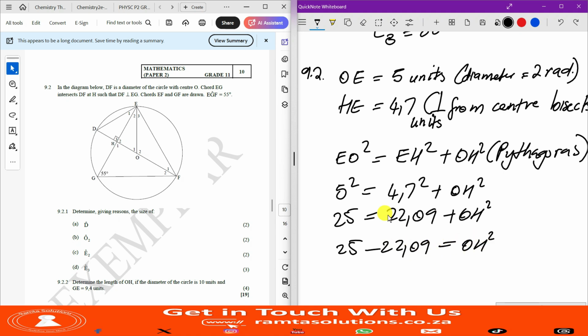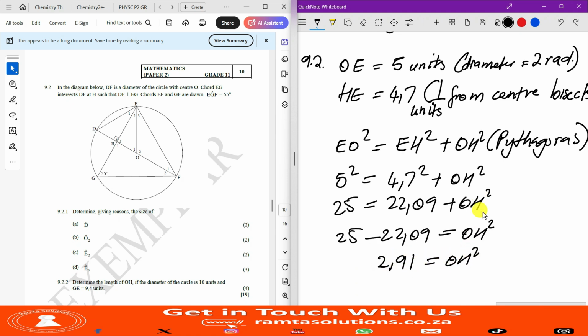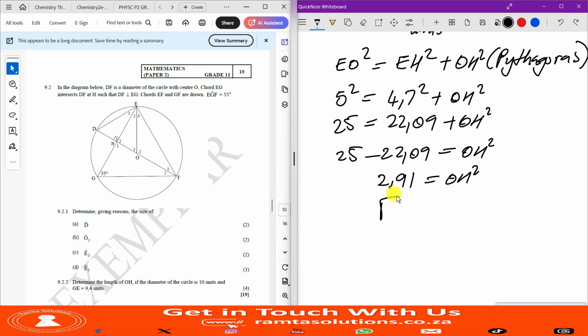Then you get 25 minus 22.09 will be 2.91. Therefore, OH will be the square root of this. The square root of 2.91 will be OH, which is 1.71 units. Therefore, OH is 1.71 units.